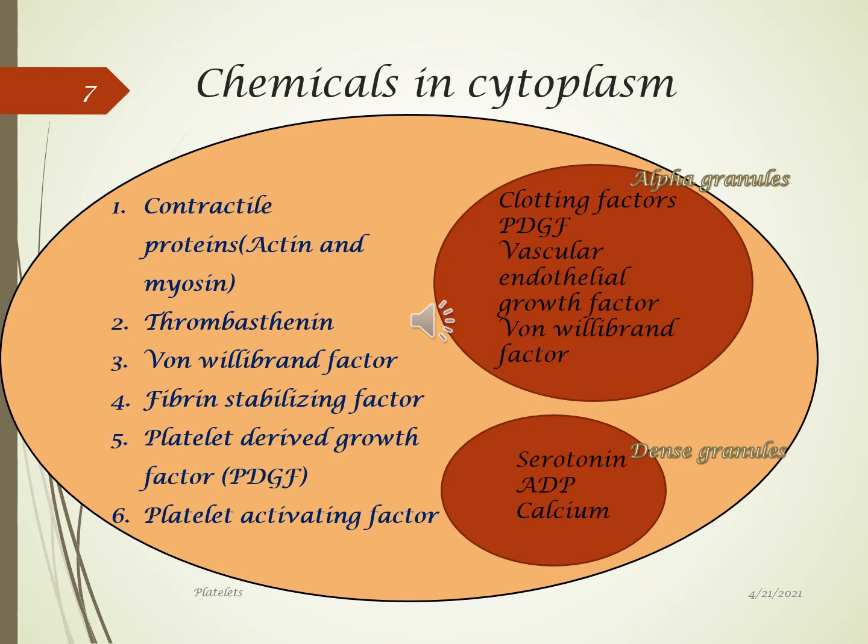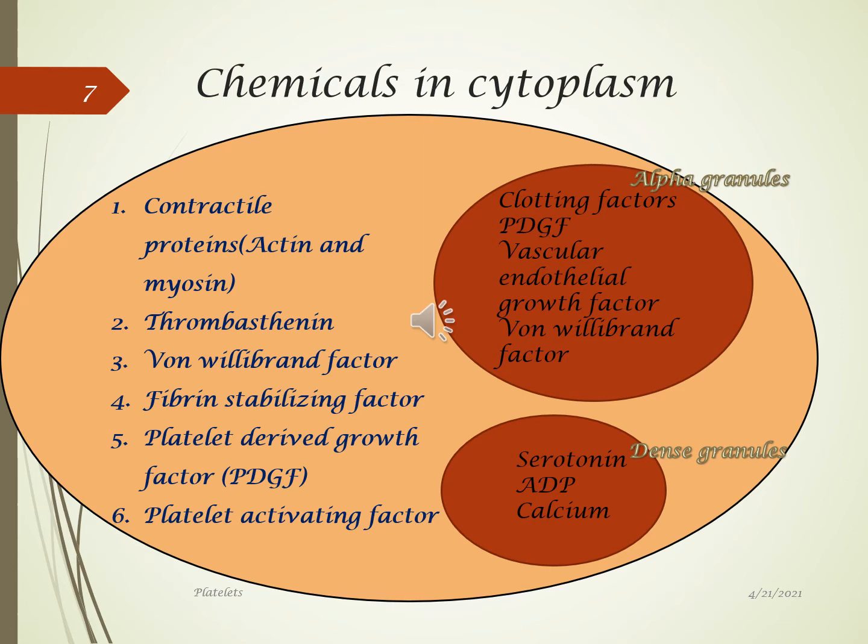Then there is thrombasthenin. It is also a contractile protein, and it is especially important in clot retraction. Clot retraction means squeezing of the clot so that the disrupted ends of the endothelium will come together, and it will aid in healing.